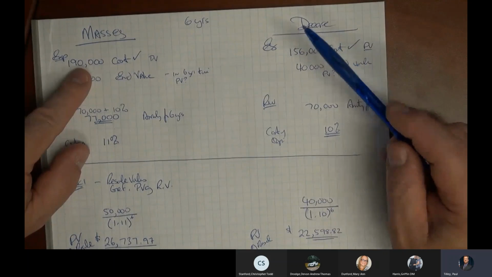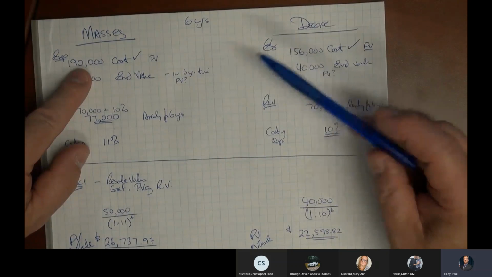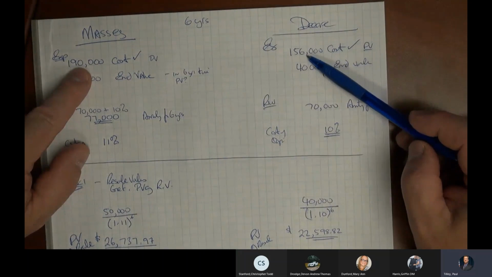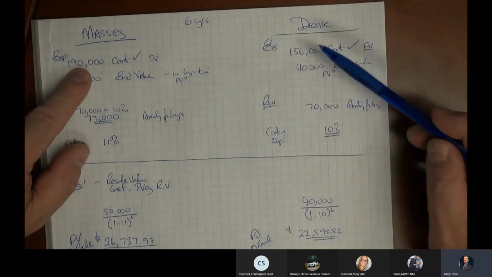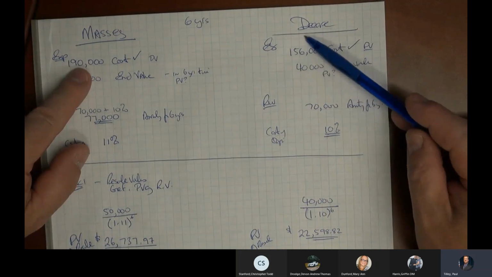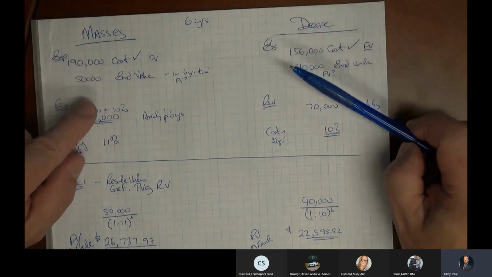Just forgetting time value of money or anything to do with internal rate of return, we're going to say, well, let's buy the less expensive tractor. It's $156,000, a lot less than $190,000 for the Massey one. We could use that as a decision-making tool, but we know that time value of money should be considered, and this is why we're doing this more complicated scenario here.